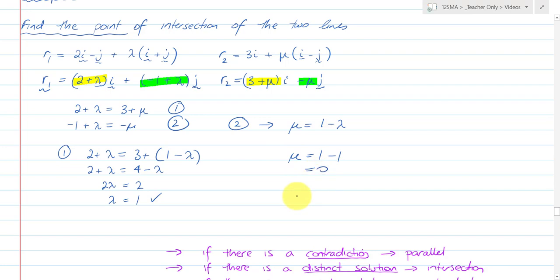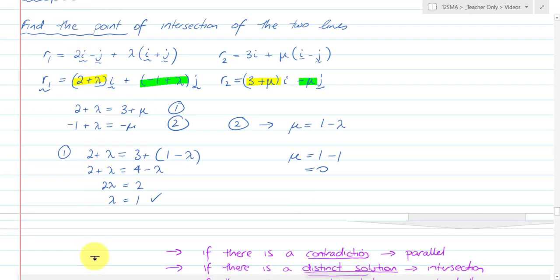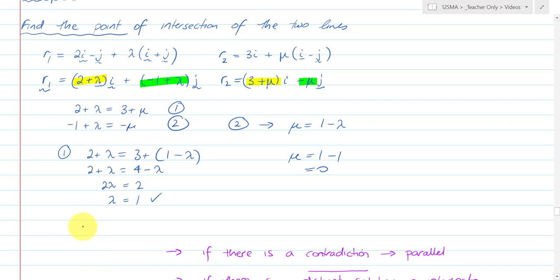And now all I need to do is determine the value of R1 or R2 based on our findings. So R1 is 2 plus lambda, which is 3 i, and -1 plus lambda is 0 j, so I just get 3i. And R2, if I put 0 in for mu, is just 3i as well, so 3i is the point of intersection.